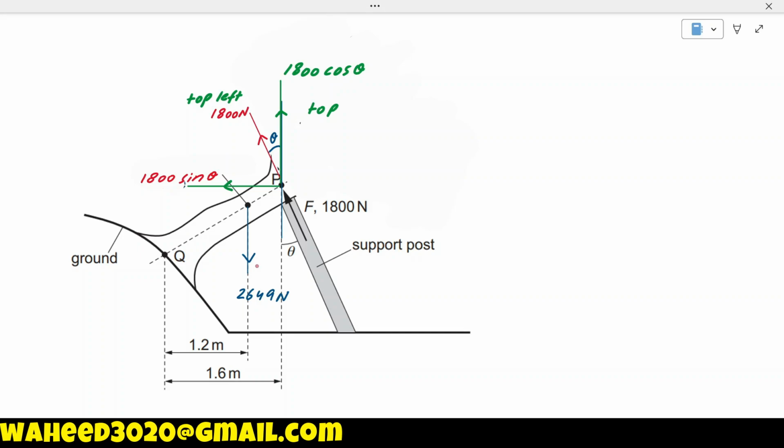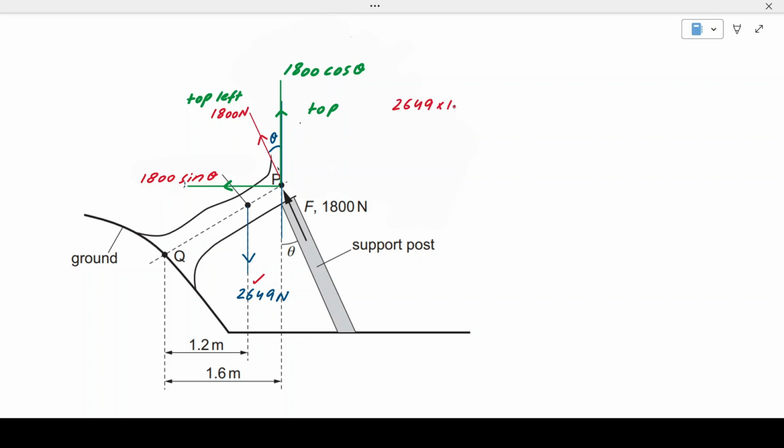So do we have the perpendicular distance of this force from the pivot? 1.2. So 2649 times 1.2, and this force is clockwise.